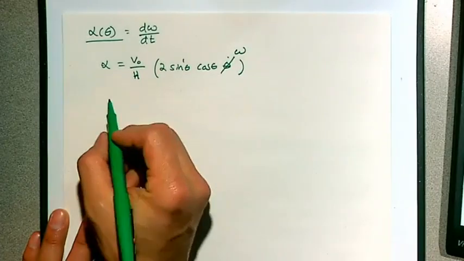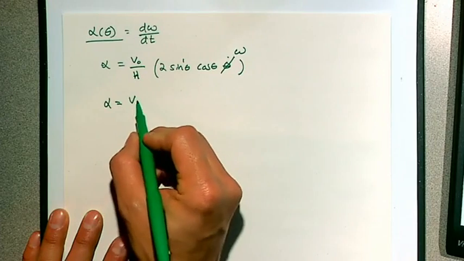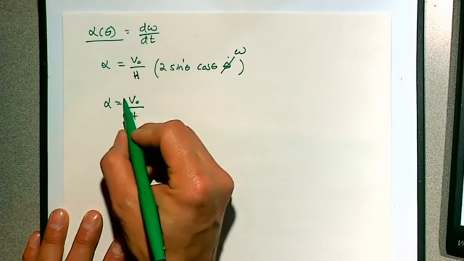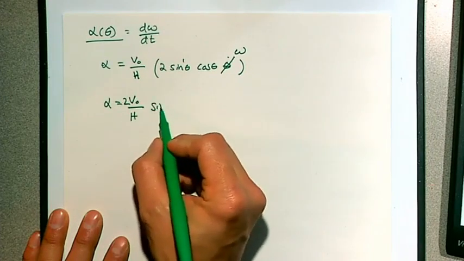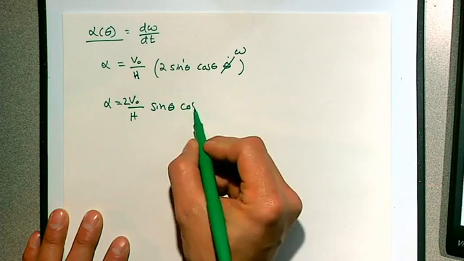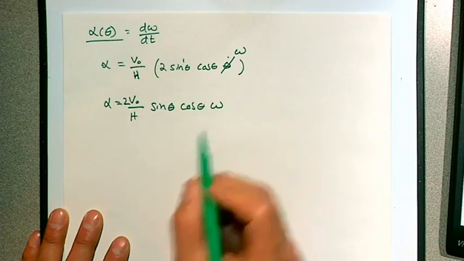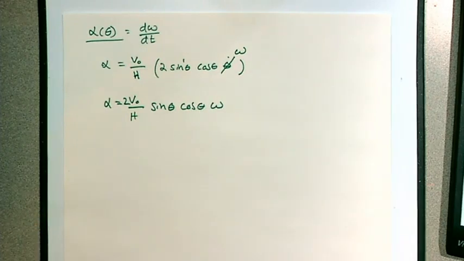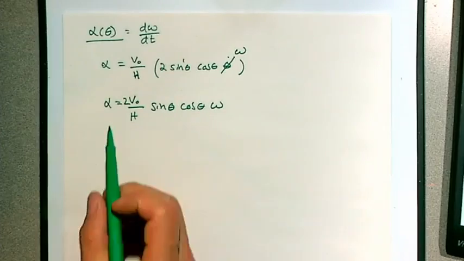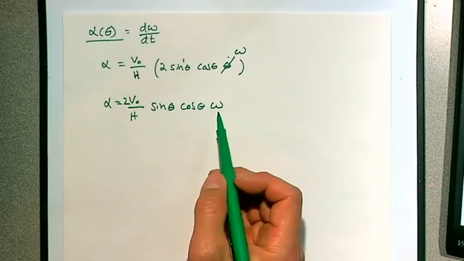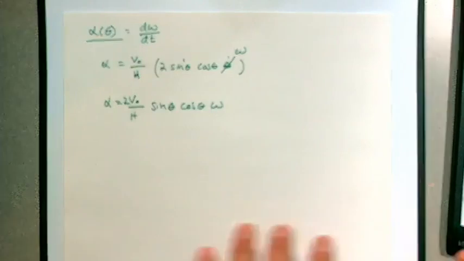So alpha is equal to 2 v0 over h, sine theta, cosine theta, omega. Close. Alpha as a function of theta. I got an omega in there, but we've got omega.